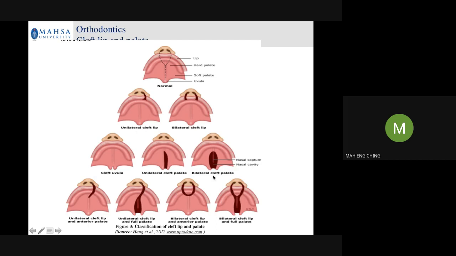That's how we describe it. Or this one is a bilateral cleft lip and the full palate. Of course, if you're not sure, you can always draw it. When you refer the case to your oral surgeons or the orthodontist, you can always draw these pictures. Draw the lips, then draw the palate, then you just draw it according to your findings. That will be easier.